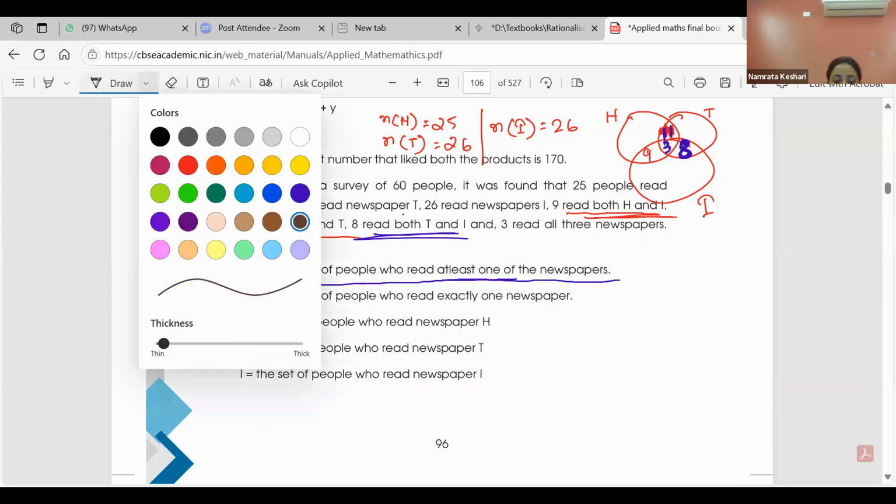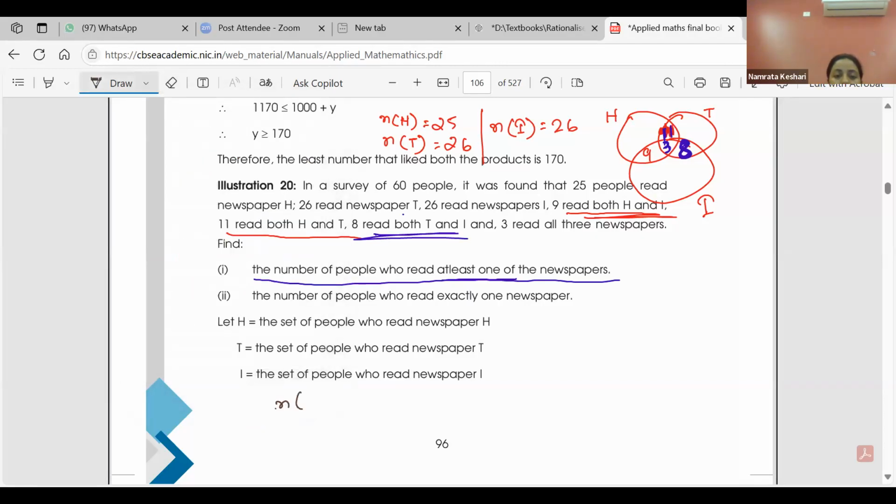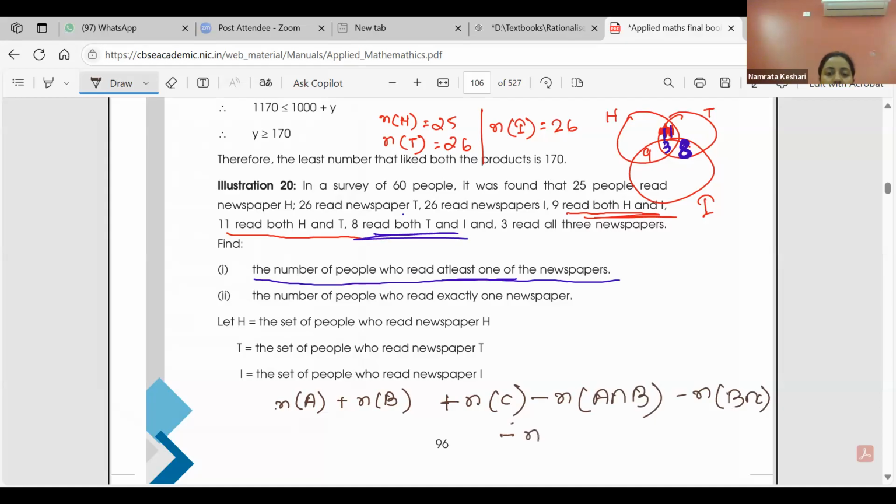I know it for two sets, ma'am. For three sets, you have seen the formula, no? Number of elements in A plus number of elements in B plus number of elements in C minus number of elements in A intersection B minus B intersection C minus C intersection A, plus number of elements in A intersection B intersection C. Have you seen this formula?